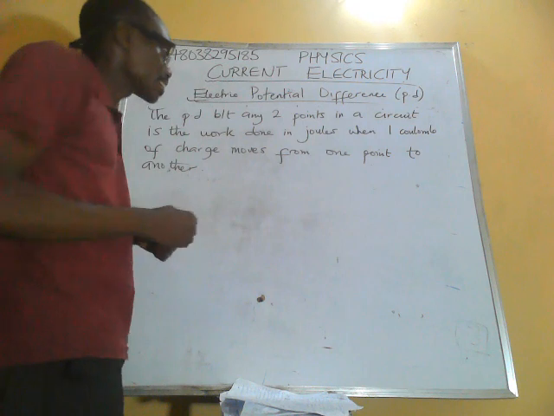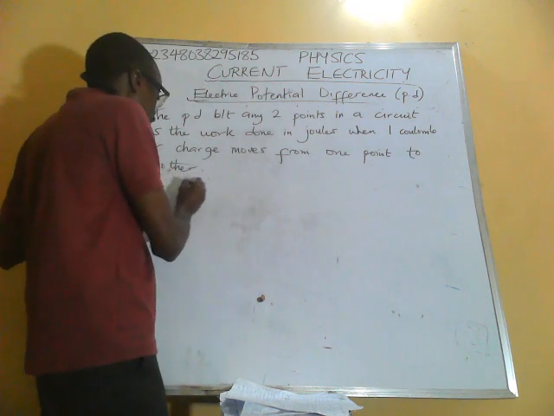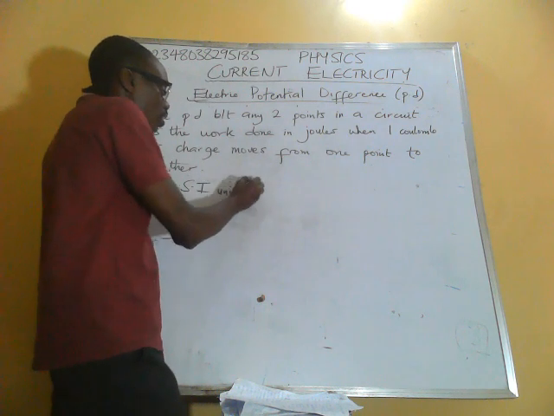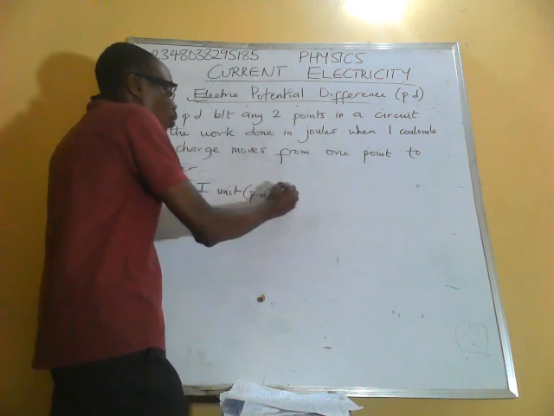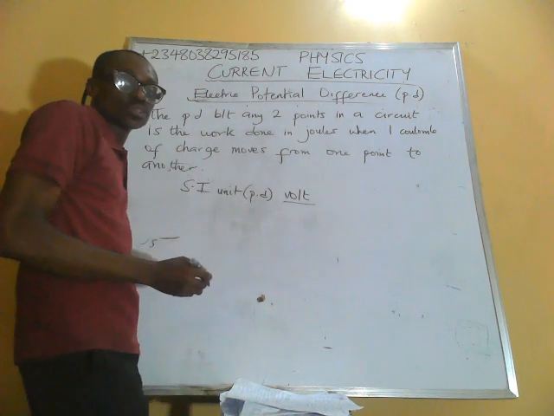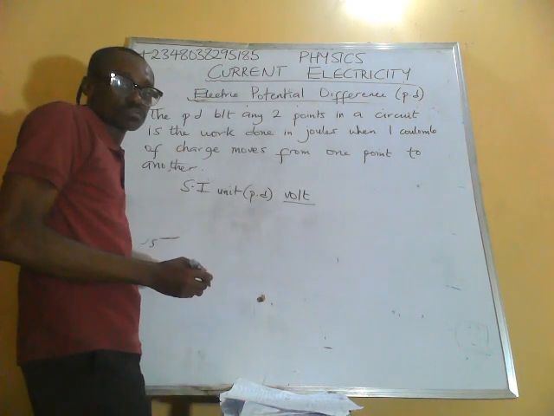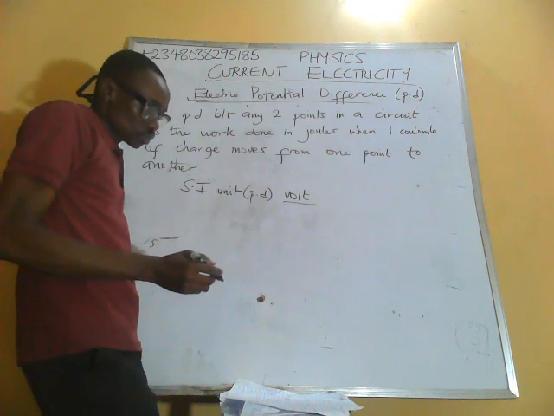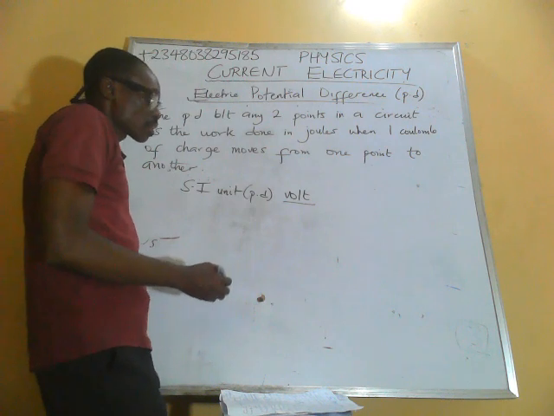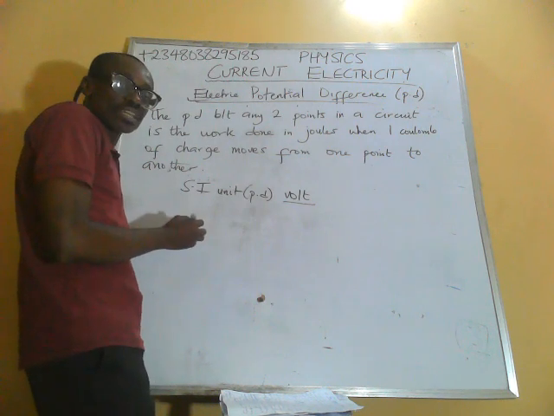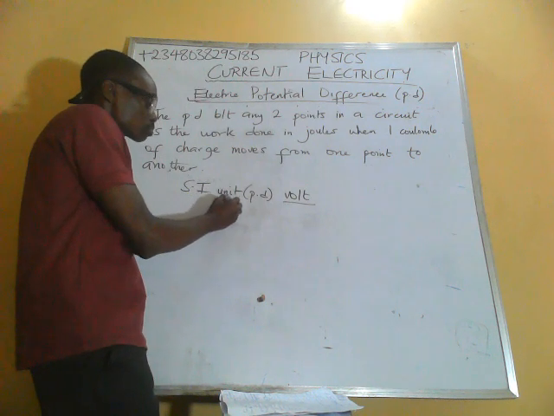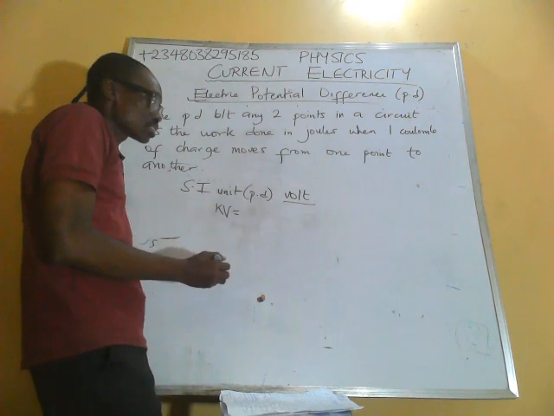Now, the SI unit of measurement of potential difference is volts. The SI unit is what? Volts. Okay. Now we have larger units such as kilovolts.